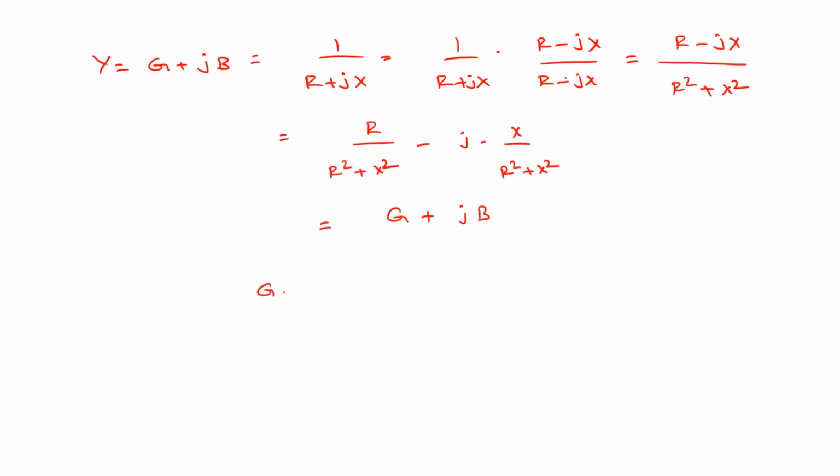From this, G equals R by R square plus X square and B equals minus X by R square plus X square.